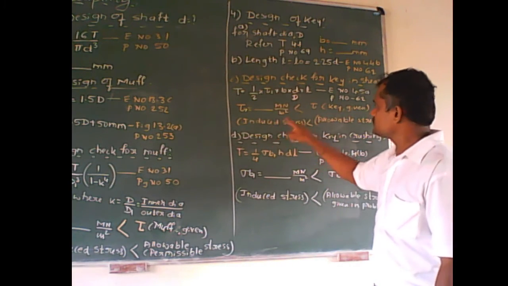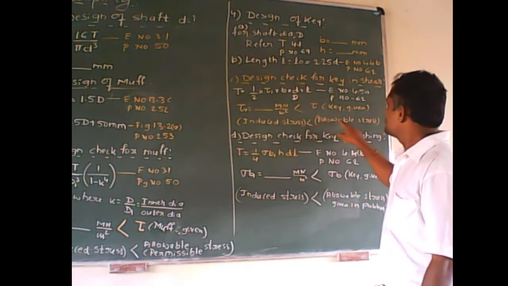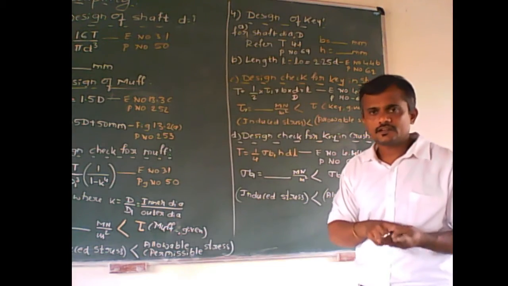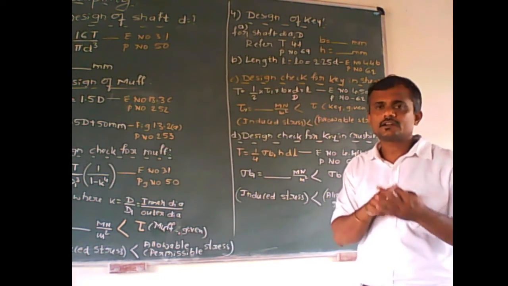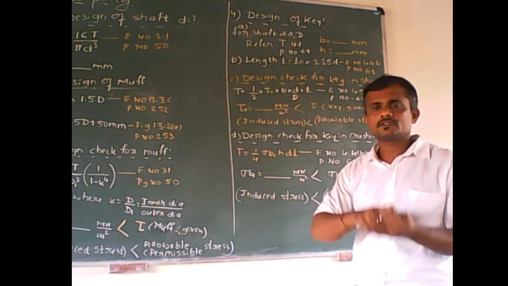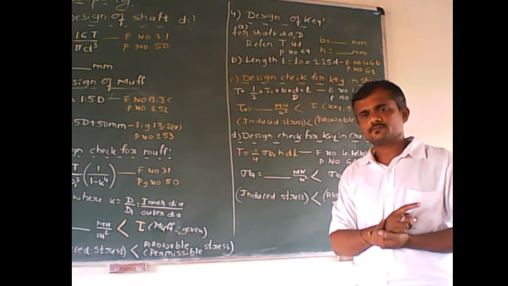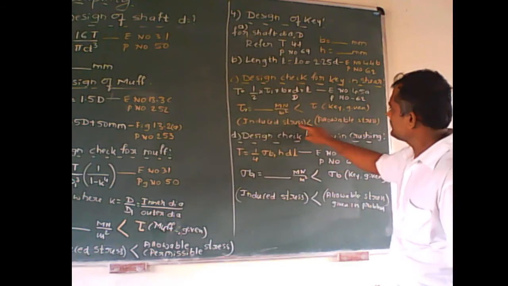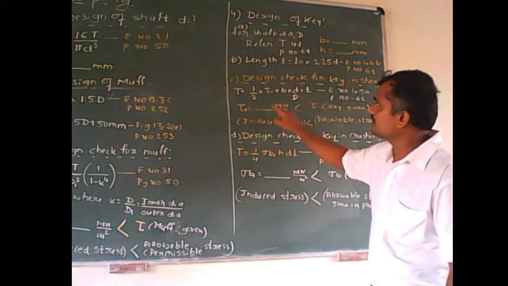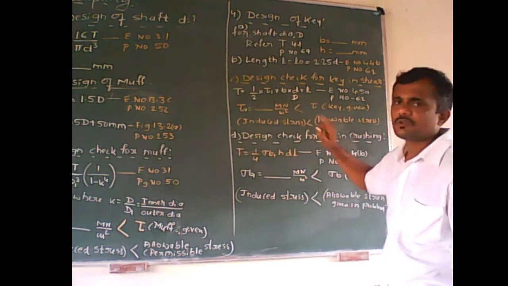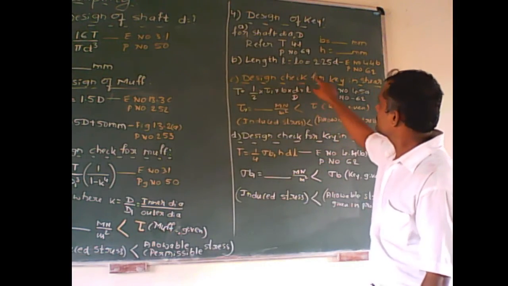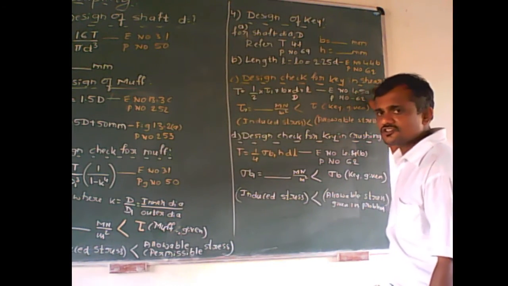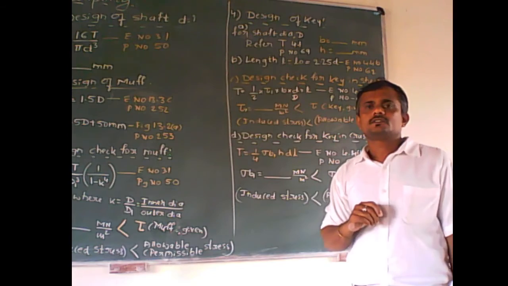This induced stress should always be less than the allowable stress, or we can take it as a permissible stress, or a given stress, or a safe stress. Any name you can give. So if this is satisfied, then below here you have to write one sentence: design of a key under shear is safe.